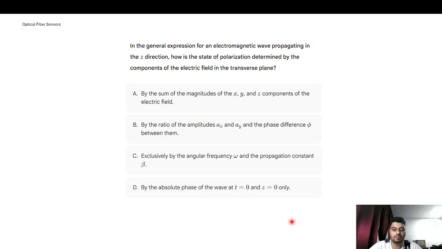B, by the ratio of the amplitudes ax and ay and the phase difference phi between them. C, exclusively by the angular frequency omega and the propagation constant beta. And D, by the absolute phase of the wave at time t equals 0 and z equals 0 only. Provide your answer.